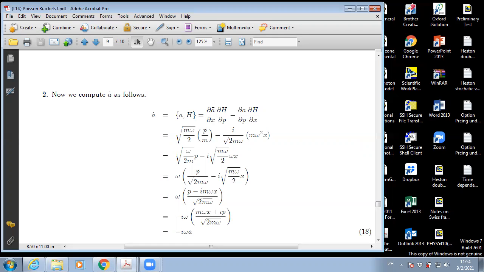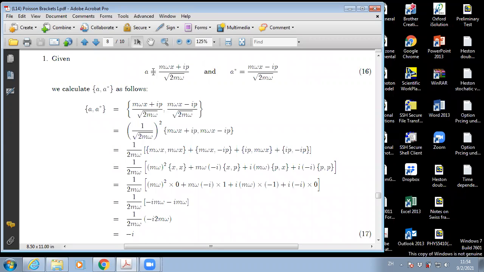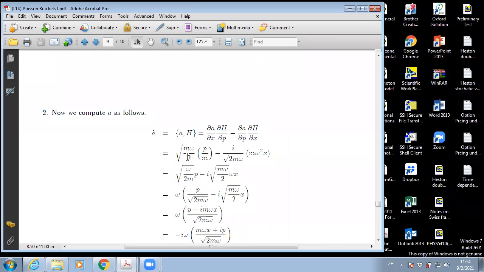The first term involves the partial derivative of A with respect to x and the partial derivative of h with respect to p. As shown before, the partial derivative of h with respect to p gives you p over m. And according to the definition of A, if we differentiate A with respect to x, we get a constant, square root of m omega divided by 2, all right? The second term involves the partial derivative of A with respect to p, and also the partial derivative of h with respect to x.